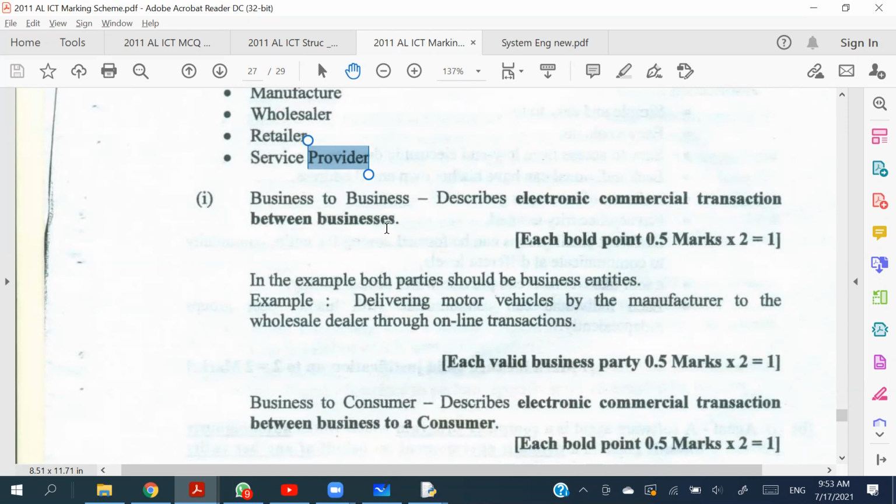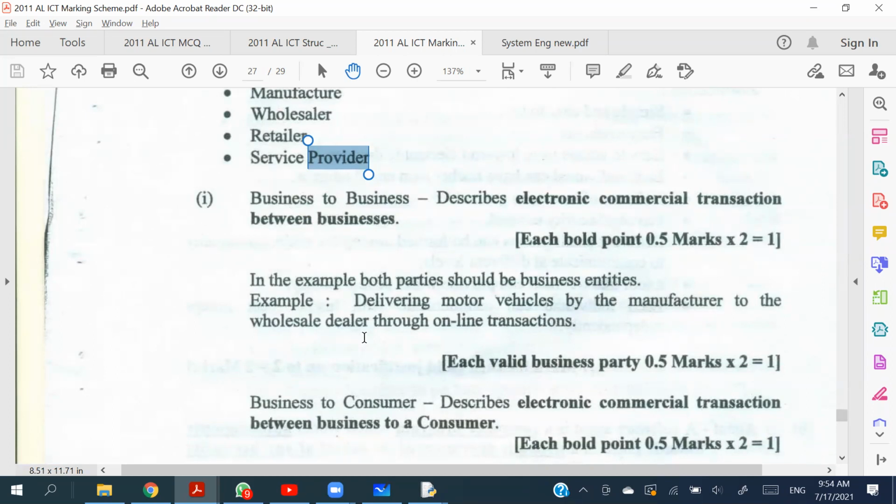You don't actually need to write about real organizations. Now look at the example they have given: delivering motor vehicles by the manufacturer to the wholesale dealer through online transaction. That kind of example should be given.